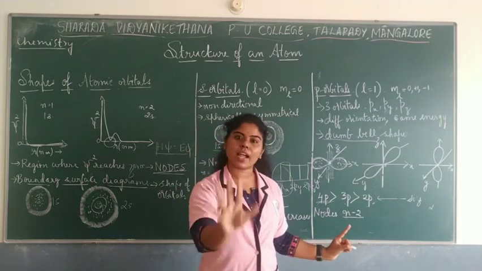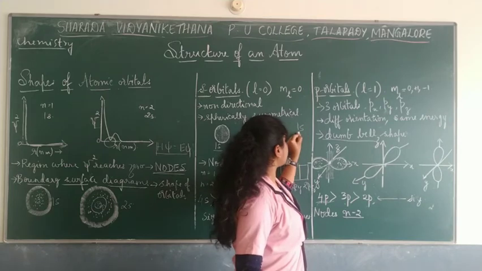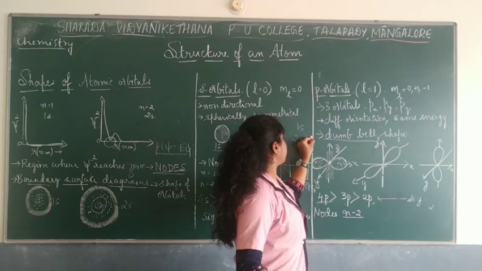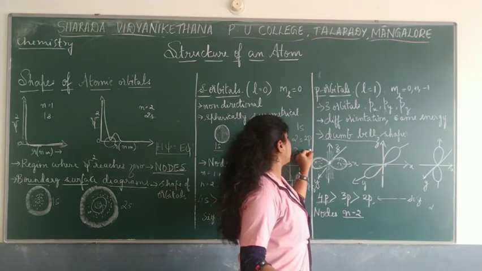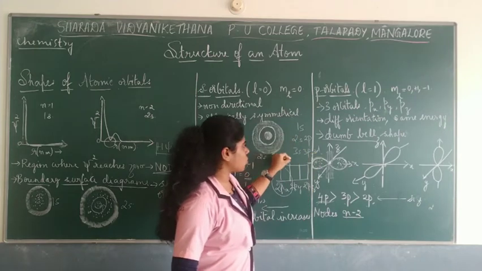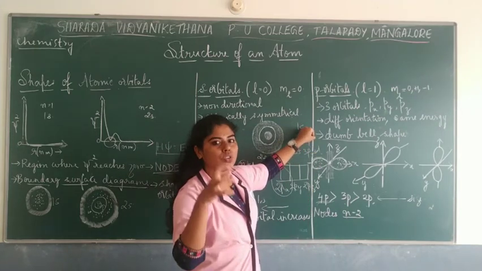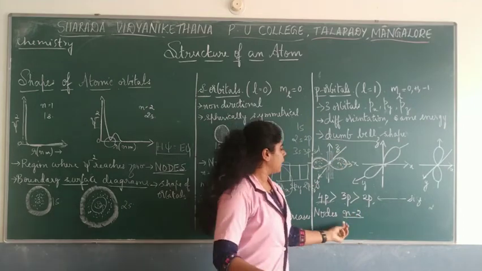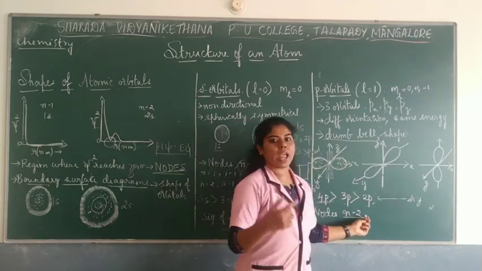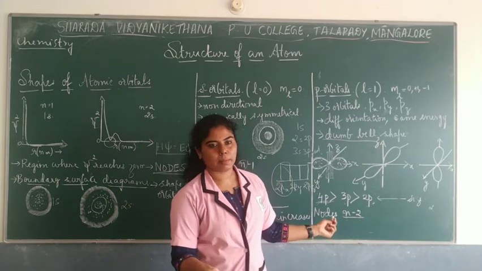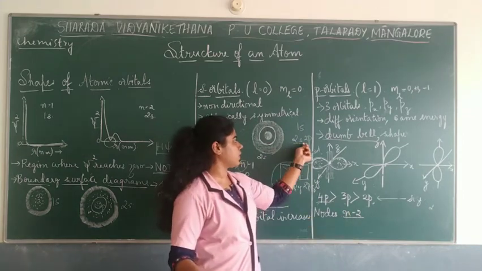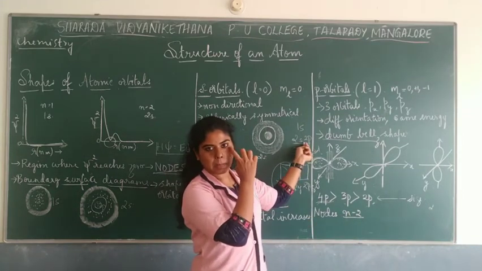In the first shell it is only 1s, right? Then you have 2s, 2p. Then you have 3s, 3p. So it goes on. In the second shell you have 2s and 2p. Now for the nodes of the p orbitals, the formula is n minus 2, where n is the principal quantum number again. So you start from 2 itself, because it starts from the second principal quantum number.